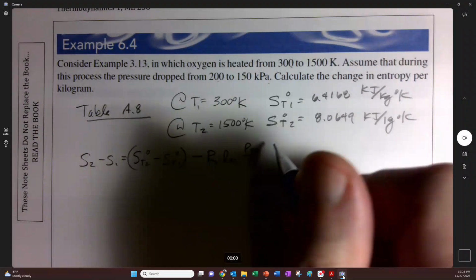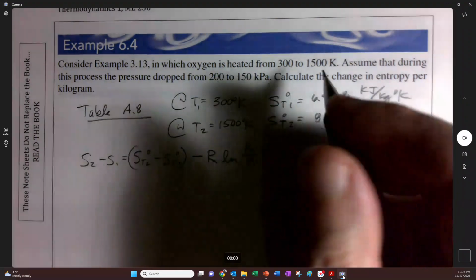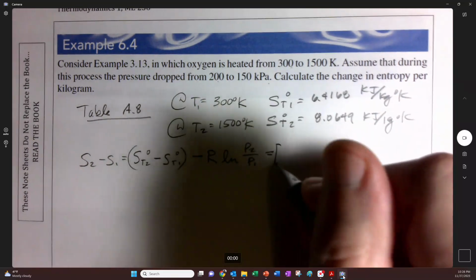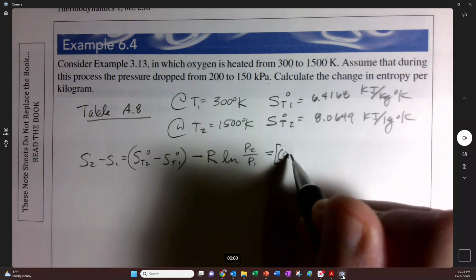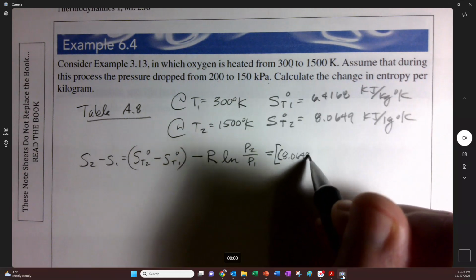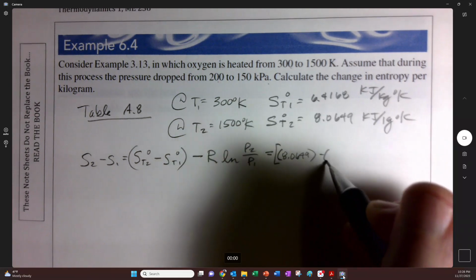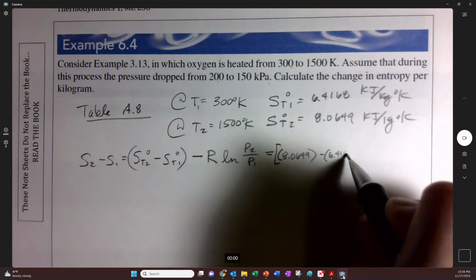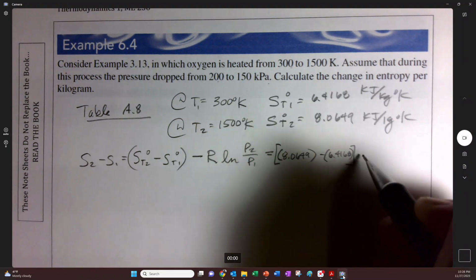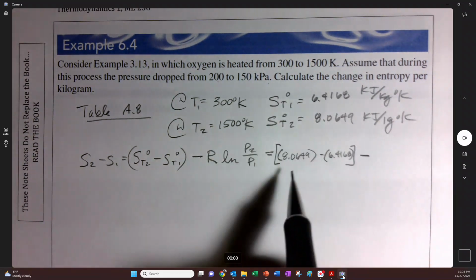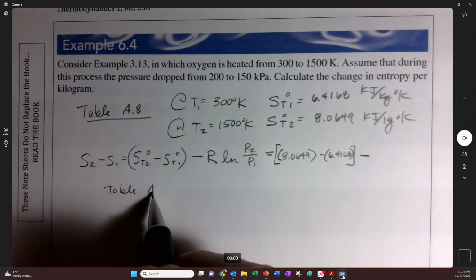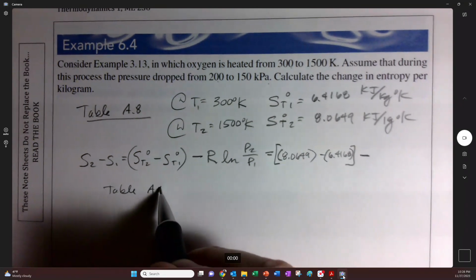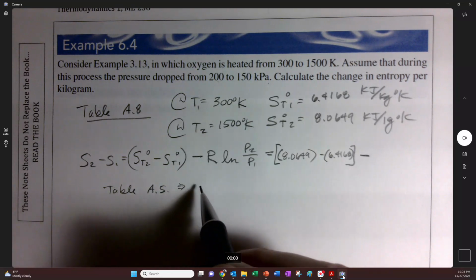So let's see. I think there was something I wanted to show in that table. So let me take a peek back at it. 6.4168. And then we're going to go minus, and then we need R, by the way. I think that's table A.5 for oxygen.